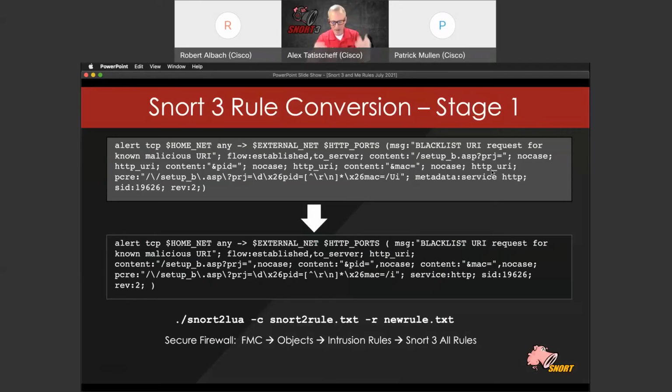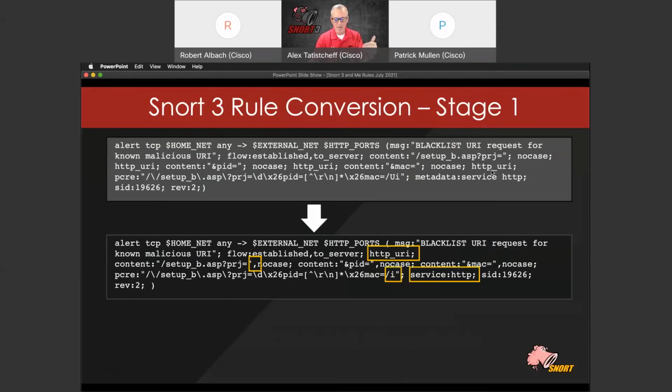Okay, so the conversion looks like this. Now again, if you just look at this rule on the surface, you might go, gee, it looks kind of like a Snort 2 rule, right? Well, it does, but it's not. So what are some of the differences? First of all, we're using this HTTP URI sticky keyword now. If you look at the content checks above, after every content check, you'll see there's an HTTP URI keyword. Whereas on the rule below, it's only in the rule once, right after the flow keyword, before all those content keywords.